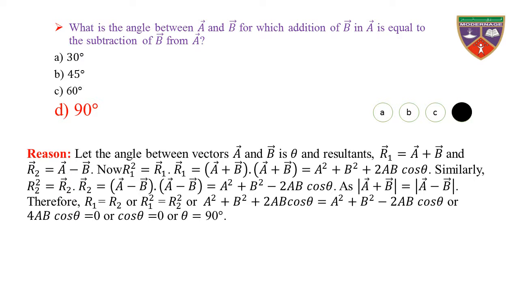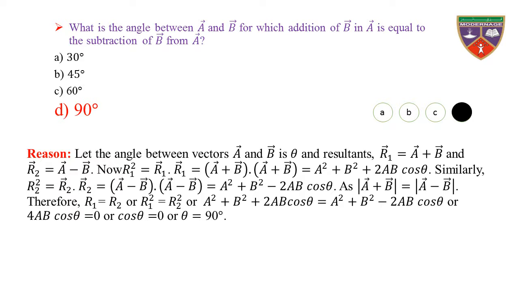Reason. Let the angle between vectors A and B be theta, and resultants R1 is equal to A plus B and R2 is equal to A minus B. Now, R1 square is equal to R1 dot R1, which is equal to A plus B dot A plus B, which is equal to A square plus B square plus 2AB cos theta.